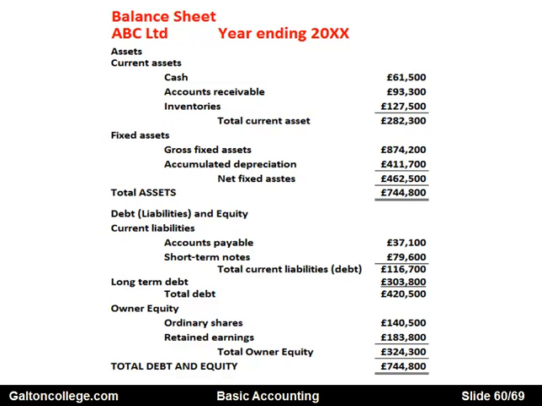And on the principles of double entry that we were talking about earlier, of course, everything must balance, everything must tot up to zero. All the differences must come to zero. So if we go through the assets, we have current assets, which would be cash, accounts receivable and inventories, giving us our current assets, which in this case is £282,300. I'm going to put the cursor onto the screen.